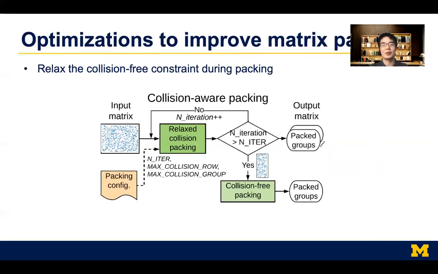This constraint performs a trade-off between the packing rate and the collided entries. This step will generate a set of packed groups. Even after this step, there will still be residues which cannot be merged with the packed groups, so we perform another step. It's a collision-free packing that will generate another set of packed groups. These 2 groups will be concatenated together to create the final packing results.